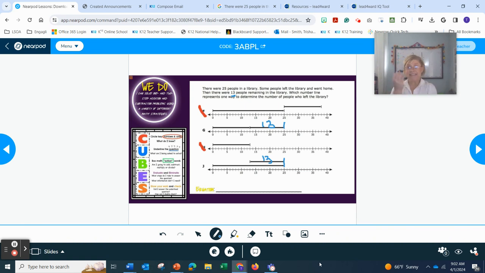Because we want to find that difference. We want to find out how many people left the library. Can I find out how many people left the library with answer choice J or answer choice G? Will answer choice G give me an accurate representation? Think about it.